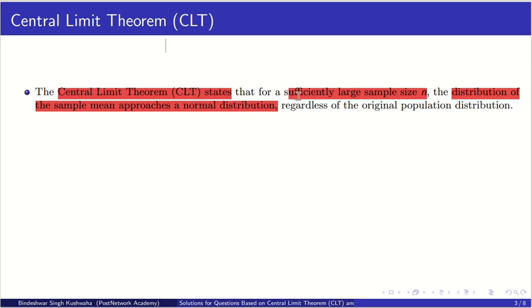It approaches normal distribution regardless of the original population distribution. So the original population may be uniform, gamma, beta, binomial, but its mean will follow normal distribution for a sufficiently large n. So that is the statement of central limit theorem.